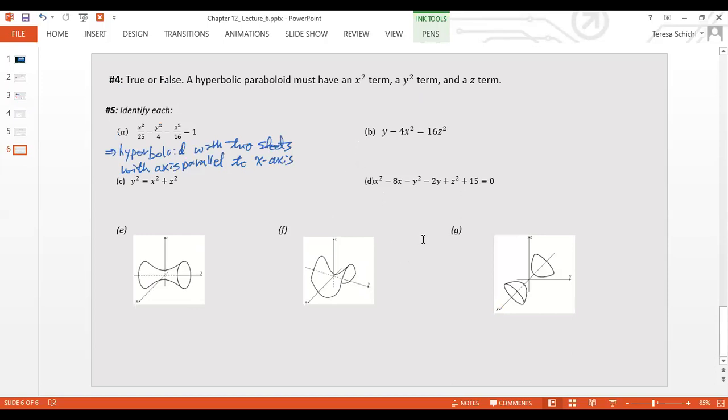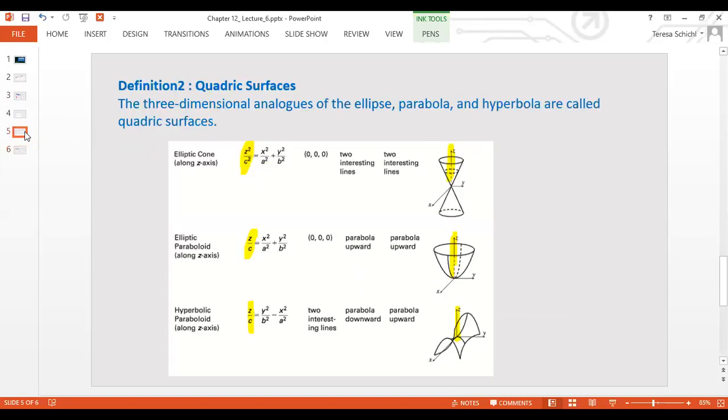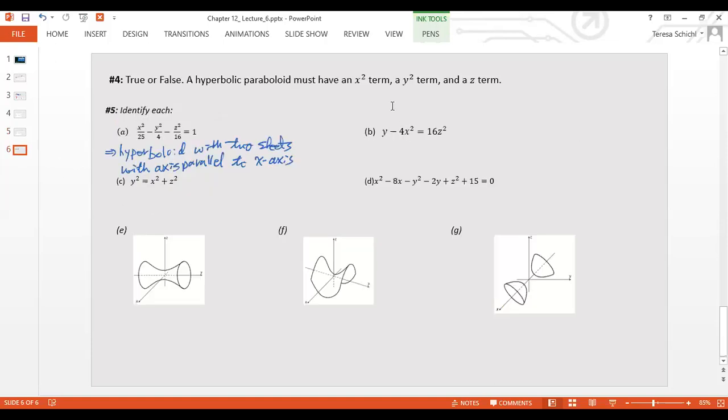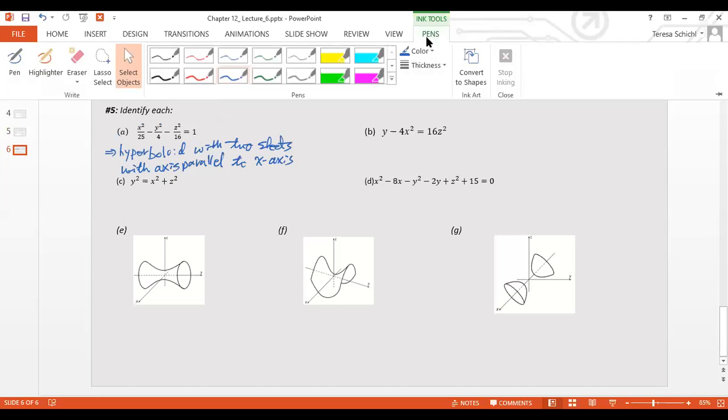Okay, now let's take a look. This is y equals 4x squared plus 16z squared. So let's take a look at which one has y with one power and two squares, right? Oh, so it's here. So it is an elliptic paraboloid, right? You just match the formula.